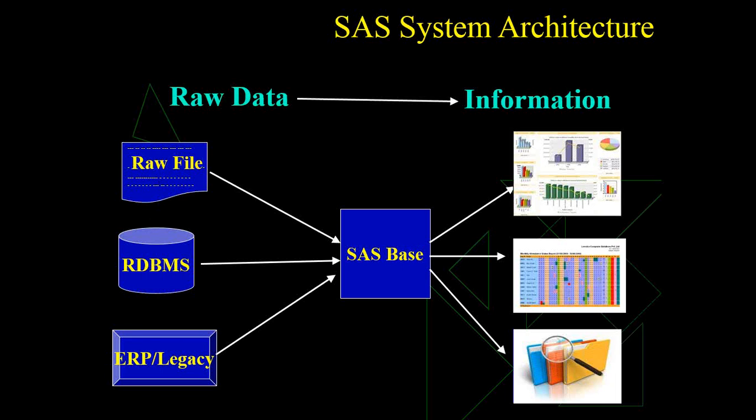ERP, meaning enterprise resource planning, like PeopleSoft, and legacy systems. A legacy system is an old database. So whatever type of database your data is coming from, we will fetch all the data and create some SAS files.